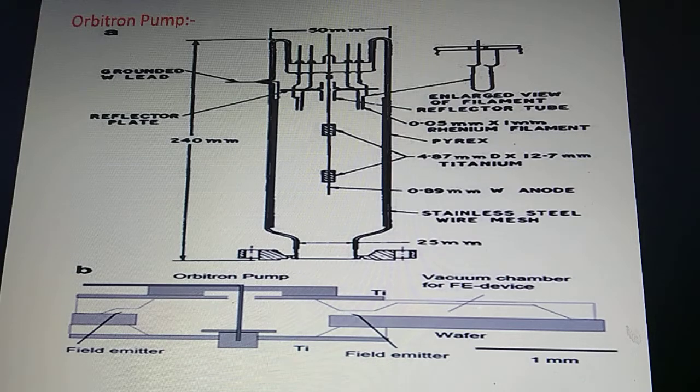The rest of the digits mention the size of the titanium on the rod, but those numbers are not important. You can just focus on the materials, like where is the filament and where is the titanium rod, the rod where the titanium material is stuck to it, right?